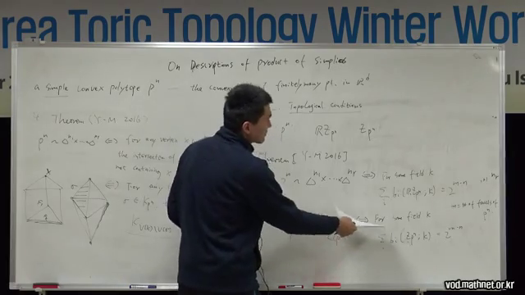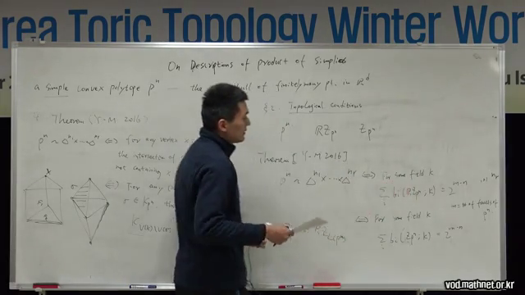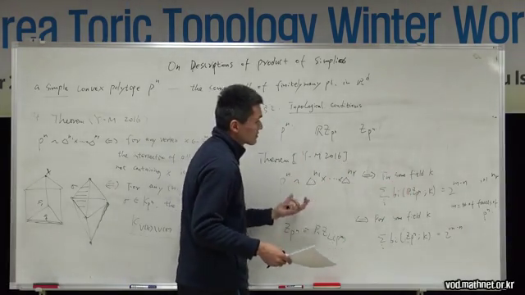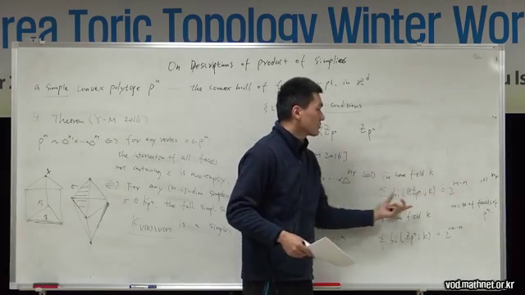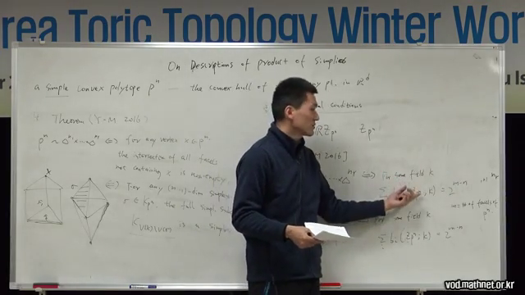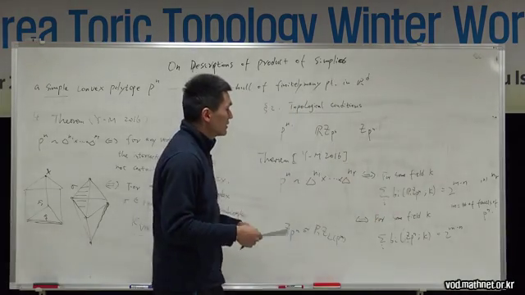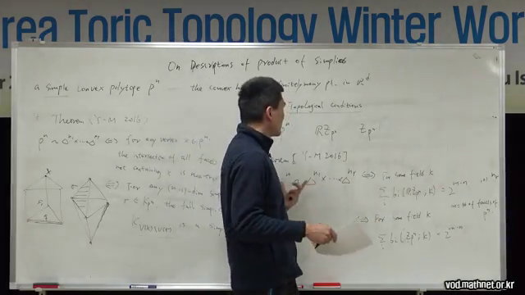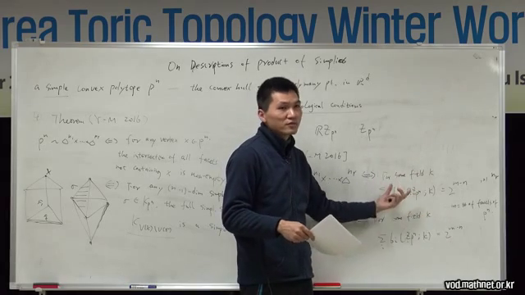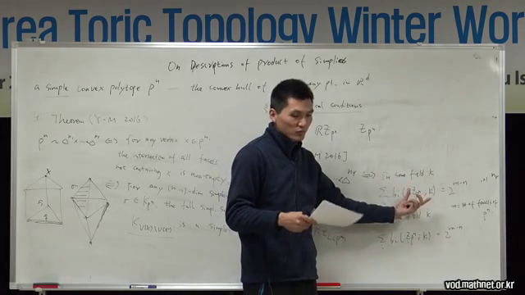To prove this, the argument is like this: we can show that this property can be inherited by all the facets of P^n. Then by iterating this, we can show that if P^n satisfies this property, then any two-faces of P^n also satisfy this property.